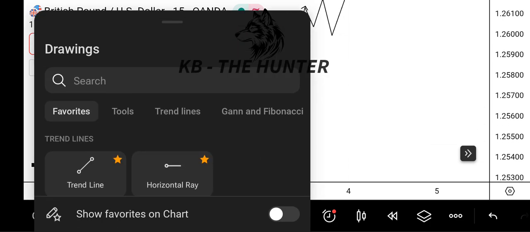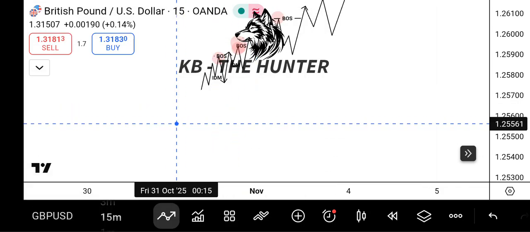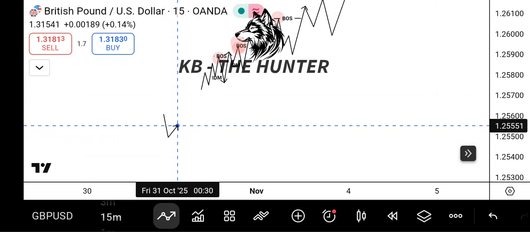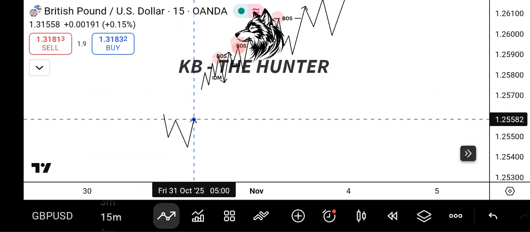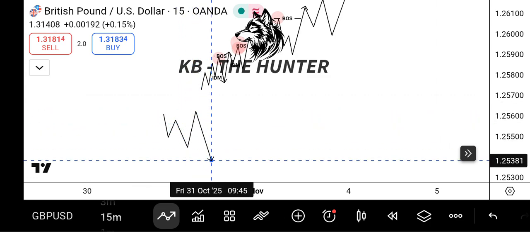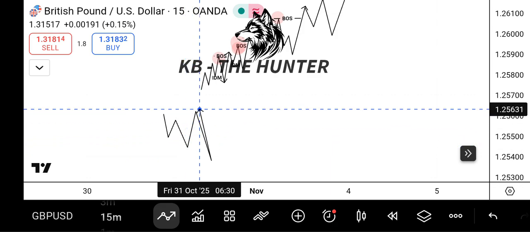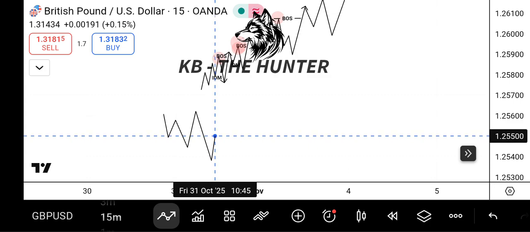So for the bearish market, we have something like this. Inducement taking, then structure, lower low. This is now our lower low, and this is now our lower high. We wait for inducement.